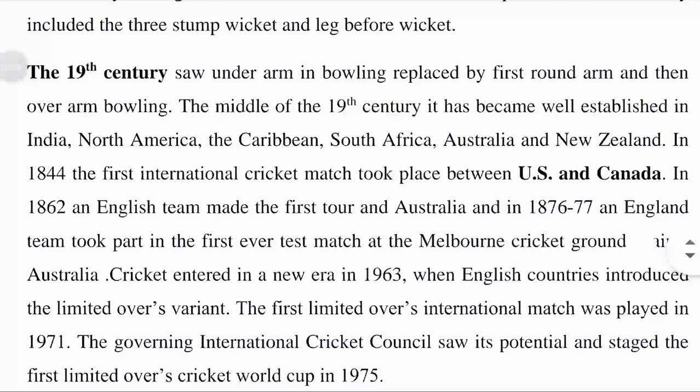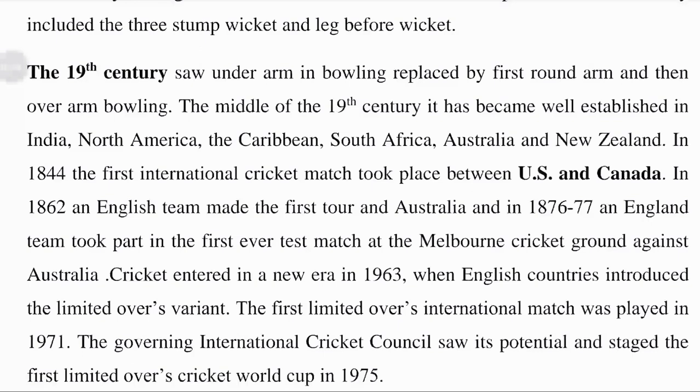Originally, cricket wickets had only two stumps and one bail and looked like a gate. The third stump was introduced in the middle in 1775.